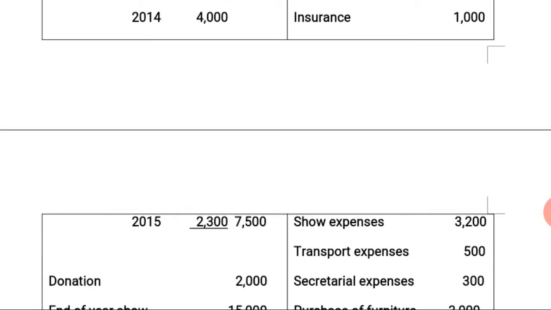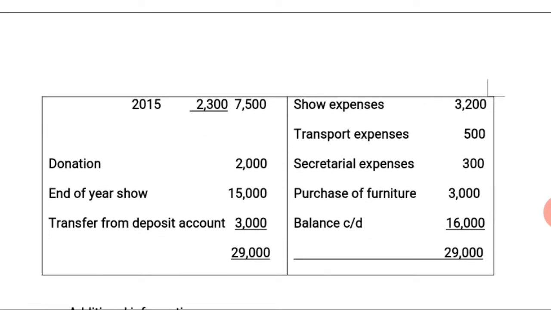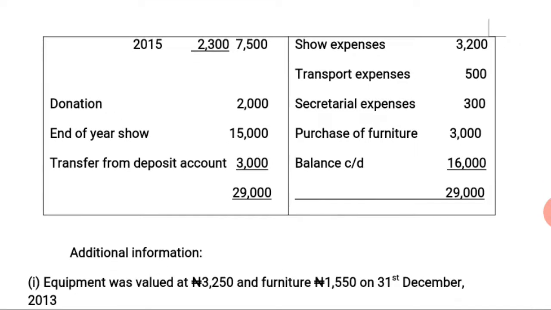And the amount spent on show expenses, 3,200 naira. We have the transport expenses, which amounted to 500 naira. We have secretarial expenses, which stood at 300 naira.